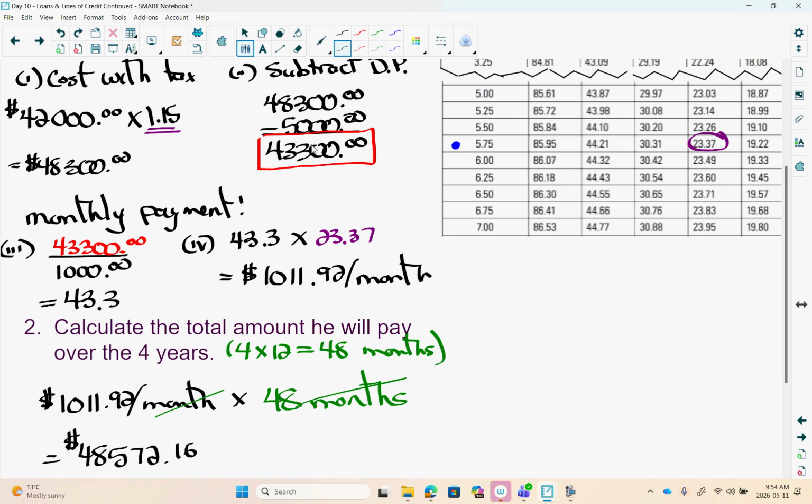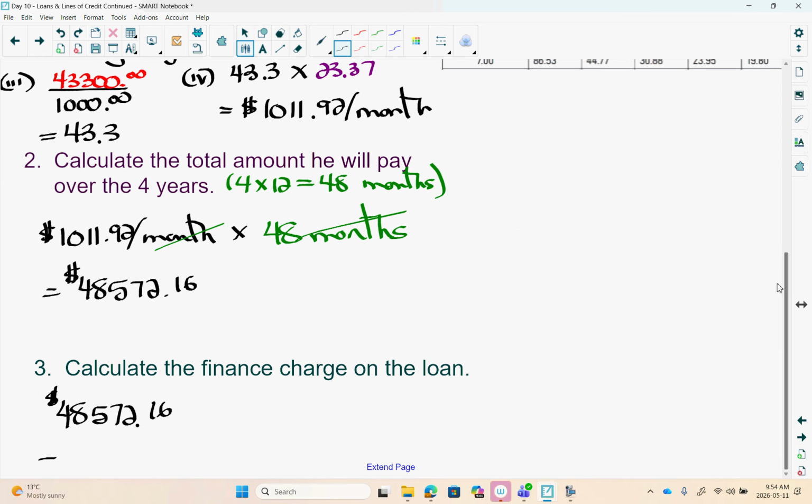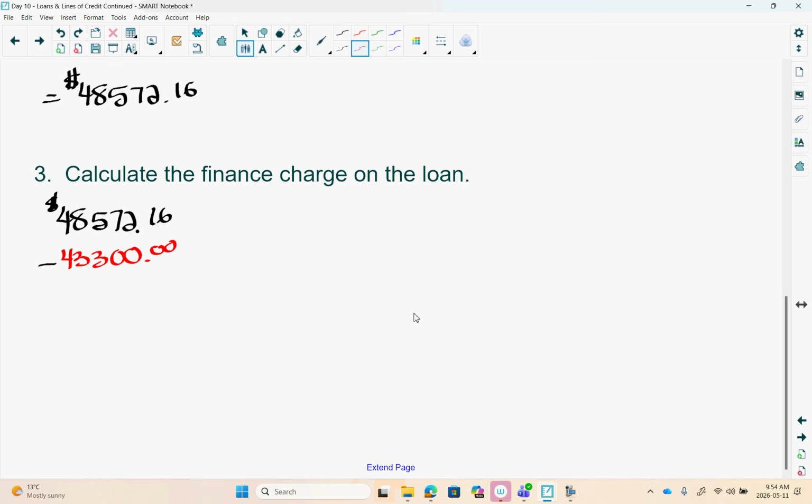It's $43,300. Okay? I'm going to subtract the $43,300. And when I do that, this is going to be $5,272.16.